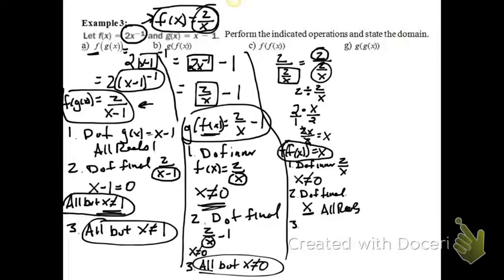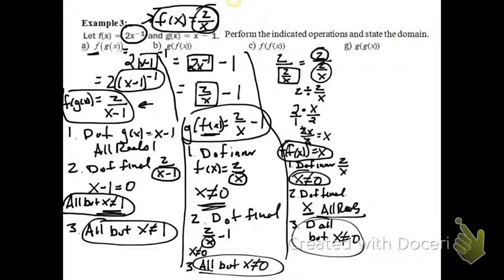What works for both is the domain that will not use 0. We can't plug in 0, but we could use anything else, so the domain is all but don't let x equal 0.